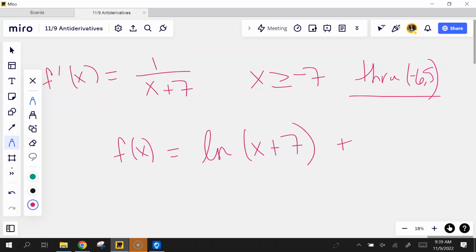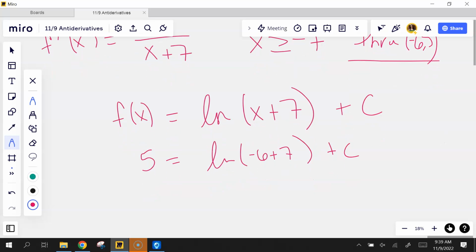But I have to do C. You're exactly right. And since this asked me for the antiderivative and not an antiderivative, I have to plug this value in and I have to solve it for C. Y'all don't seem as excited about this as I am. That's okay. 5 equals natural log. This is working out nicely for you.